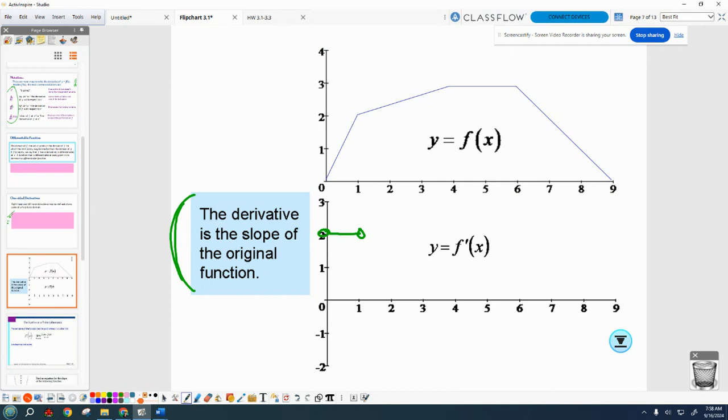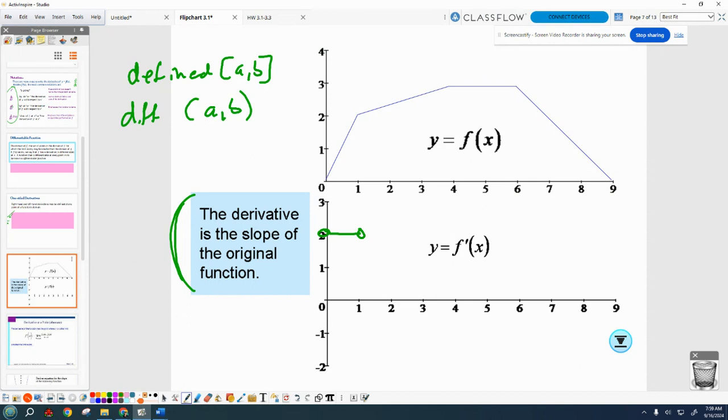AP will never, ever ask you at A and B. They will say something like the function is defined over [A, B] and differentiable over (A, B). They will not ask you about it because the math community argues about what's appropriate and whether it should be enclosed or not, and AP has just said, never mind, we won't ask.